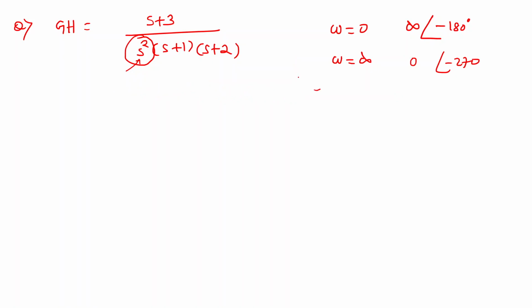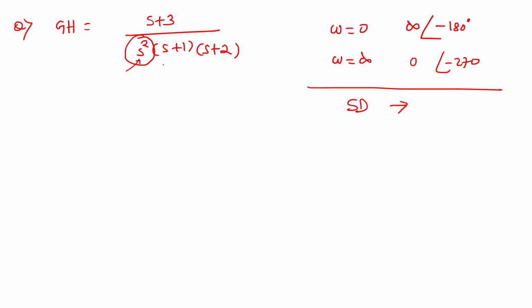Now you tell me the starting direction and the ending direction. The starting direction is given by finite poles. Which pole or zero is close to origin? s plus 1 is close to origin, because 3 is far away from origin; that is a zero. So again the starting direction will be decided by the pole that is close to origin.